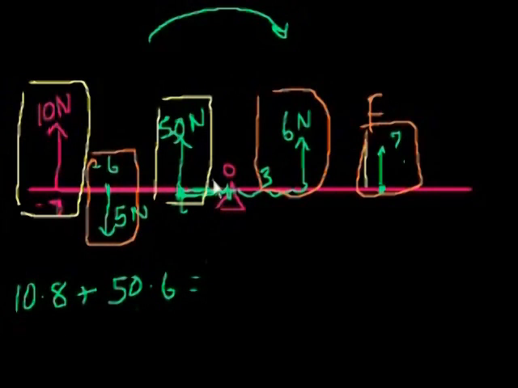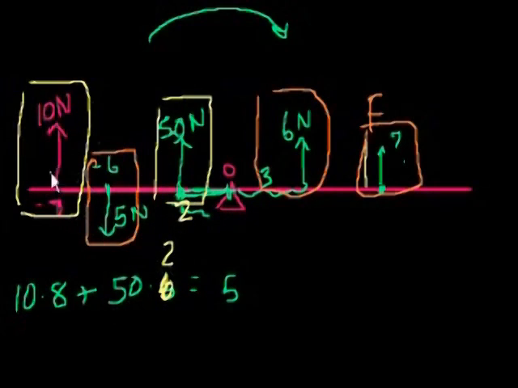The clockwise moments, let's see, we have 5 newtons going clockwise times 6. Actually, was this 6? If this is 6, I must have written some other number here that I can't read now. How far did I say this was? I don't know, let's say that this is 2. It's -2, because that's what it looks like. I apologize for confusing you.